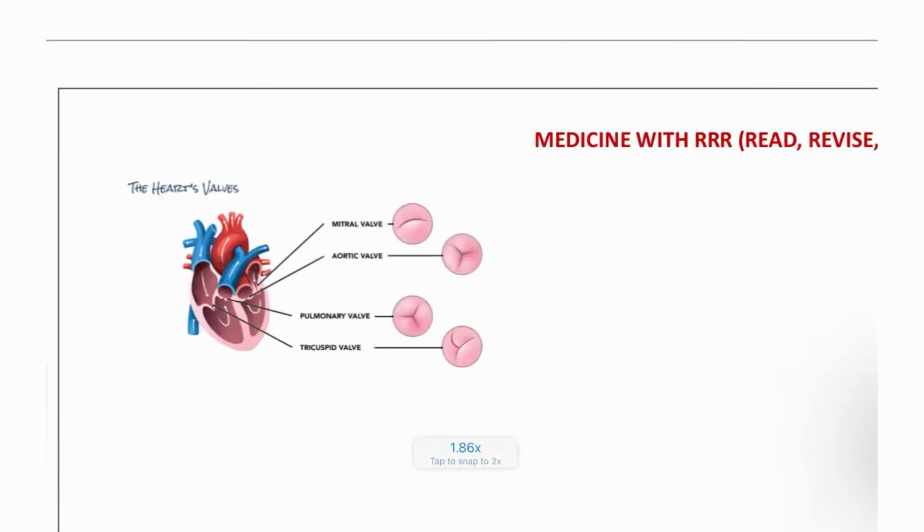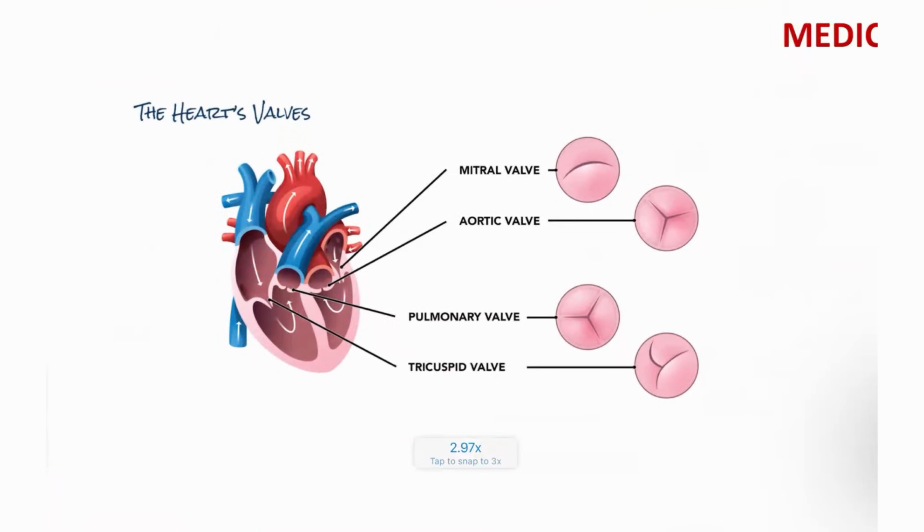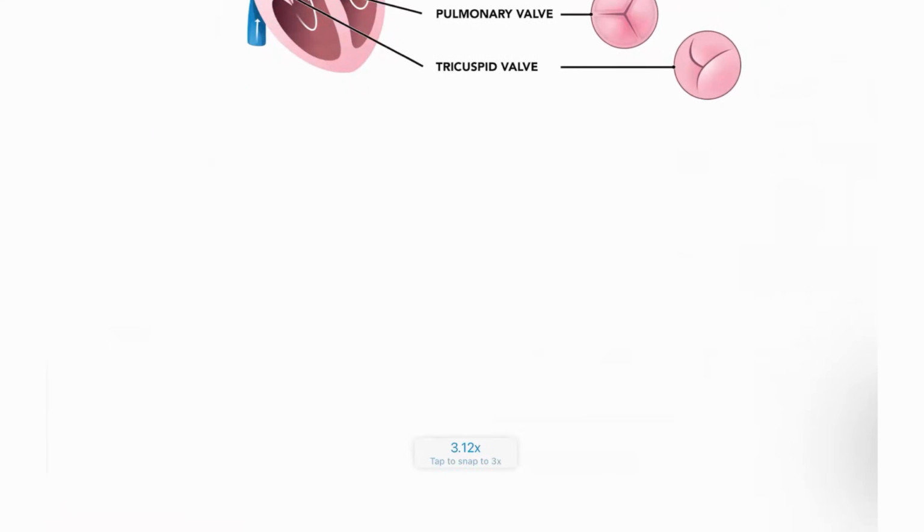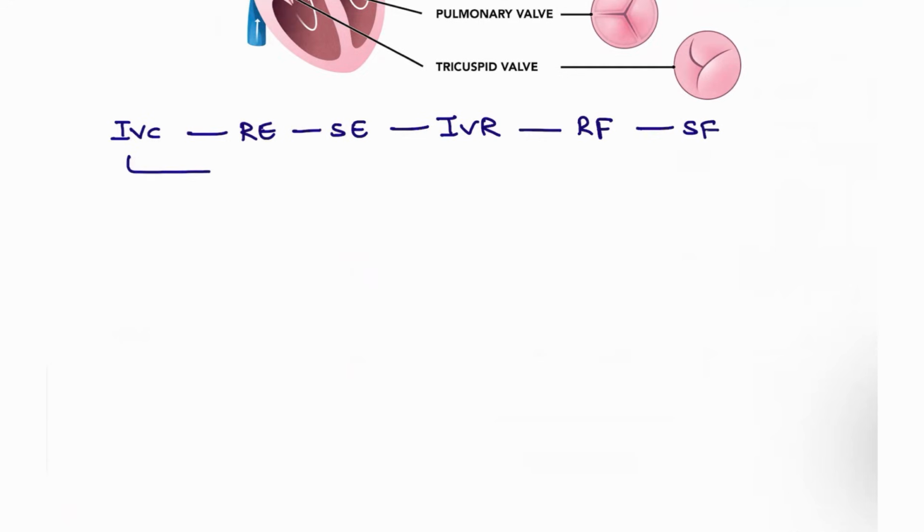Next, moving on to the heart valves, valvular heart diseases. Before you learn about valvular heart disease, revise again: isovolumetric contraction, rapid ejection, slow ejection, and isovolumetric relaxation, rapid filling, and slow filling. This is the phase of the systolic, and this is the phase of the diastolic.